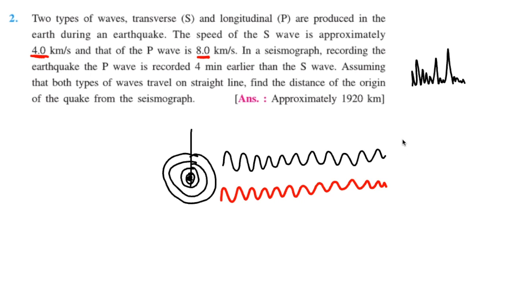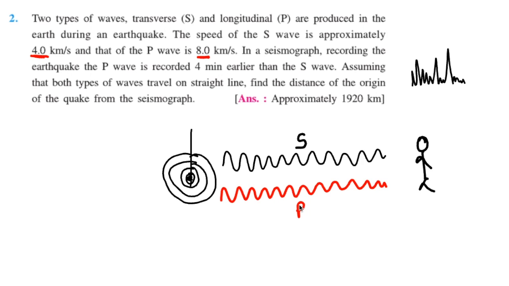So it's obvious, if I'm standing over here, which wave is reaching first? If I'm naming this as S wave and this as P wave, my S wave will reach later and my P wave will reach first.